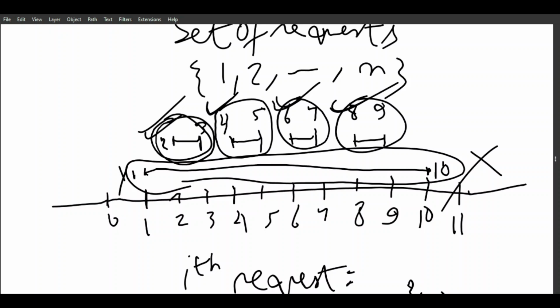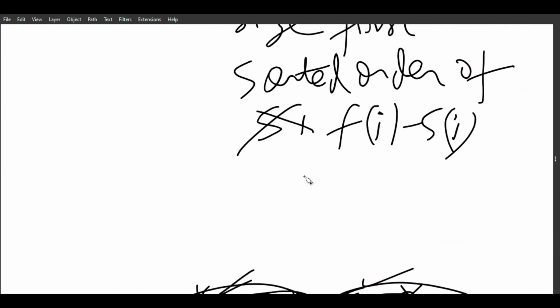So now we'll prove this formally using induction. This is our algorithm, and this is the approach we take for proving this.